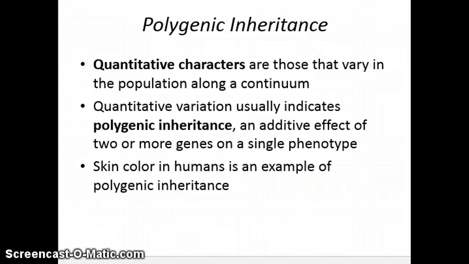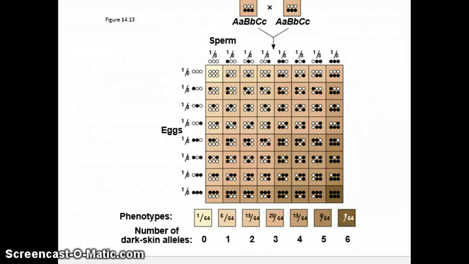Skin color is another example of polygenic inheritance that is a quantitative character, which means we get variations along a continuum again. This is an example of how that can work out and how that would look with this Punnett square. You can see it's a very complicated Punnett square, where you can see your variation in skin color depending on how many of these different alleles you end up with.